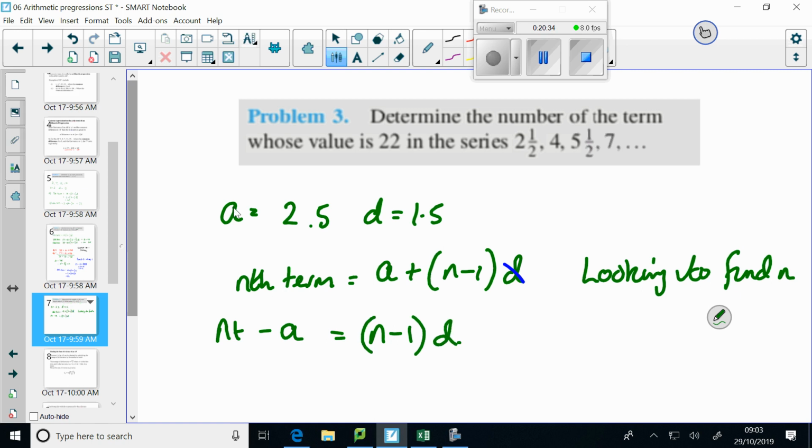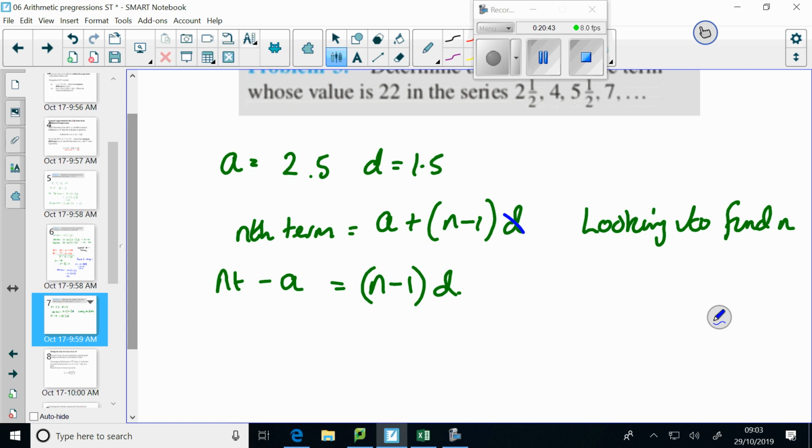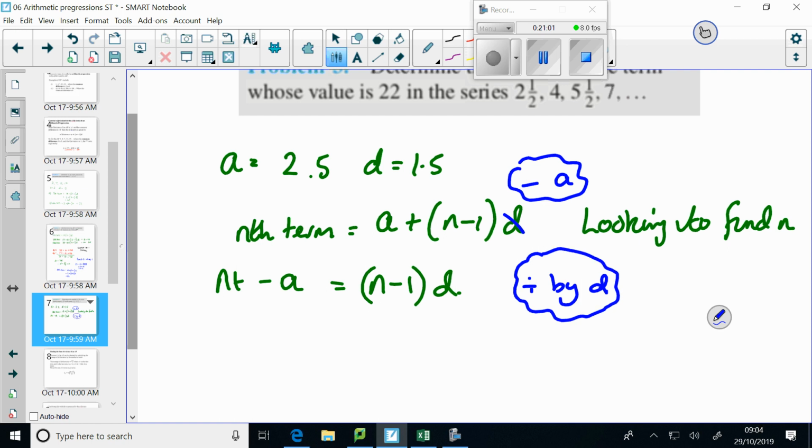That's after subtracting a. Next, divide by d.